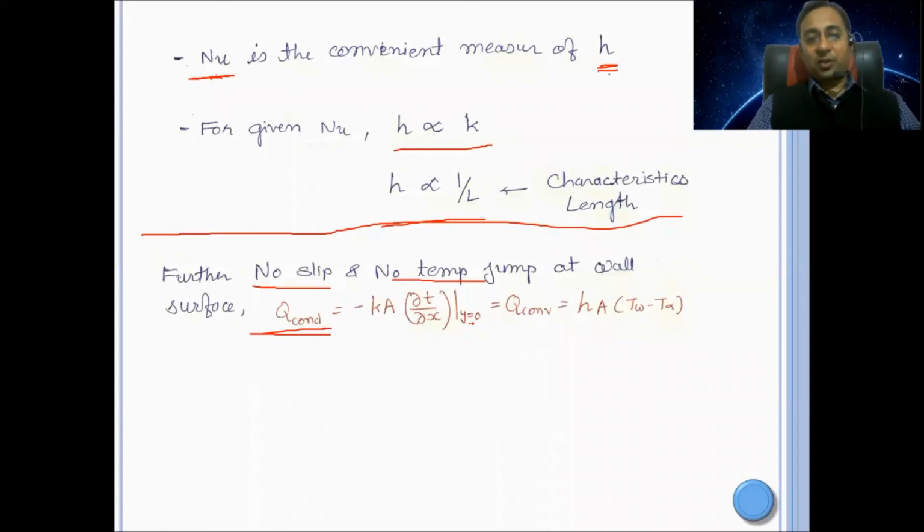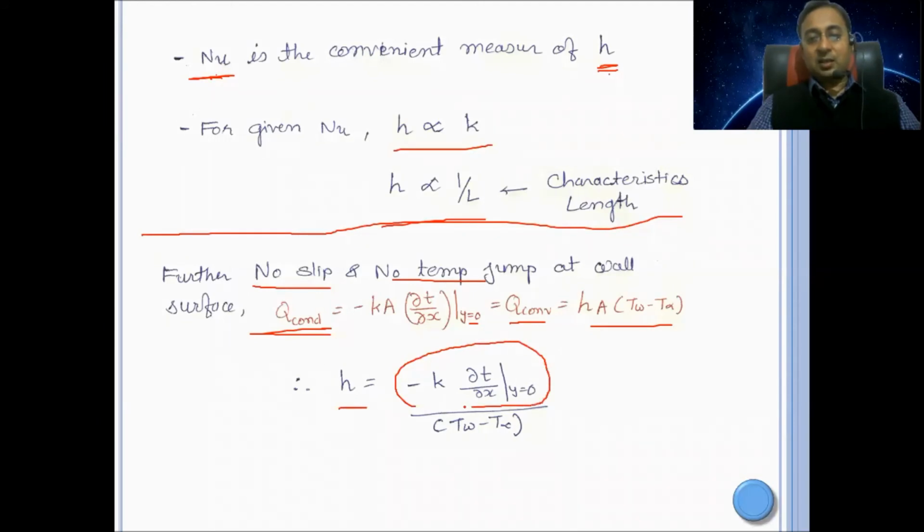For the first layer, means y is equal to 0, q conduction is equal to minus K A del T by del x, and for the next layers, q convection is equal to H A delta T. So if we rearrange the terms, H is equal to minus K del T by del x at y is equal to 0 for the first layer, and here it is the temperature gradient.